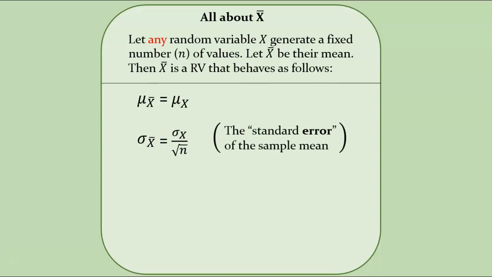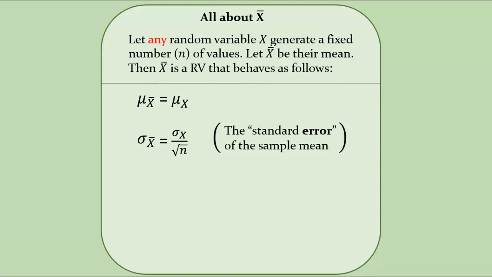The little shift in terminology is just a way of reminding ourselves that this is about the variation from group to group, not individual to individual. At any rate, this standard error of the sample mean is the standard deviation of x over the square root of the sample size. Proving this is a bit out of reach in this course, but we should at least be able to see that this formula is consistent with our intuition.